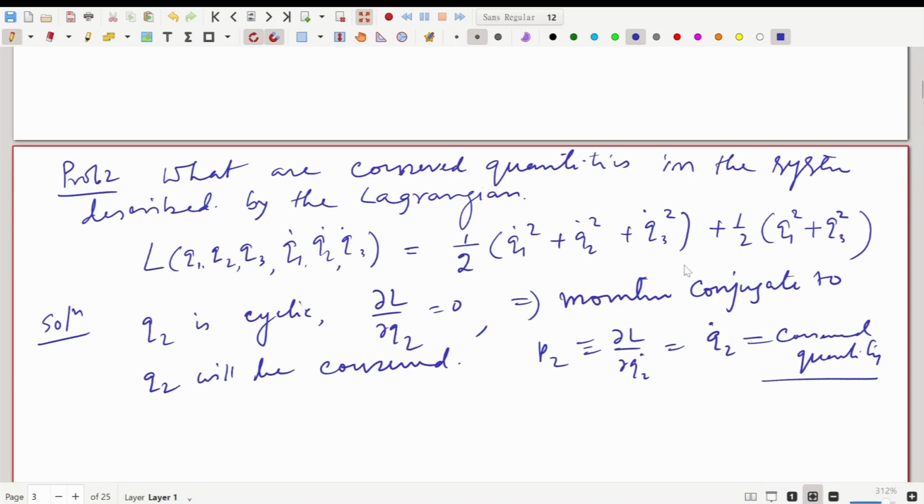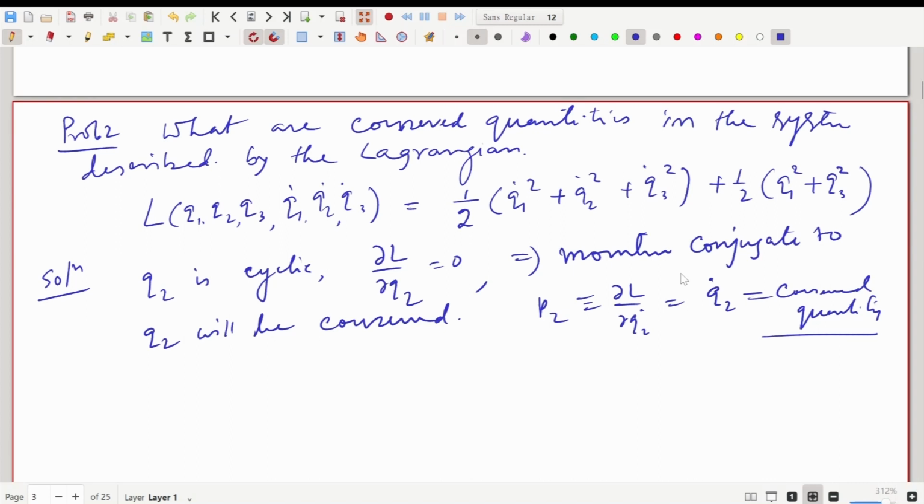Okay, good. Now t is also cyclic. There are no time terms, so no explicit time dependence.